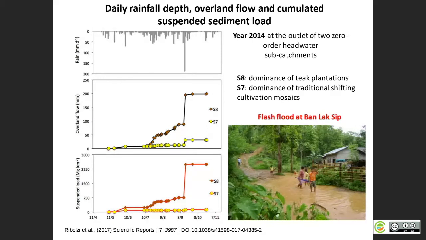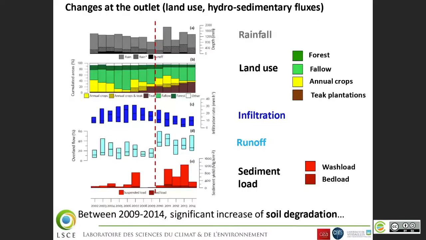So definitely, if you increase the teak plantations across the landscape, you increase the problem at the outlet, with these muddy waters entering the houses.